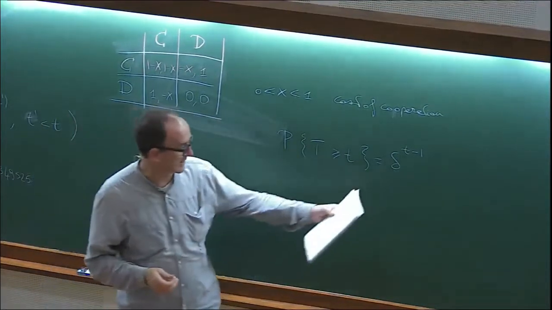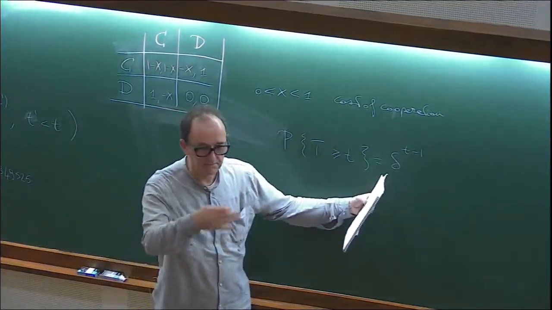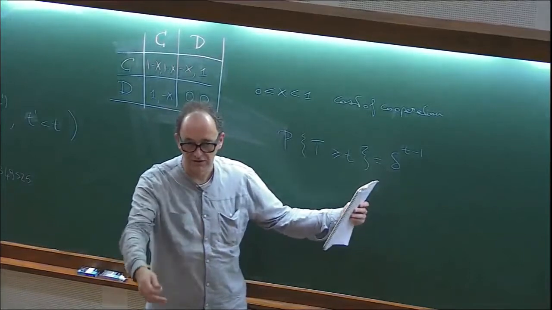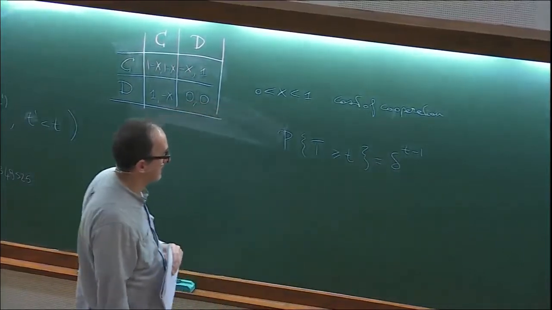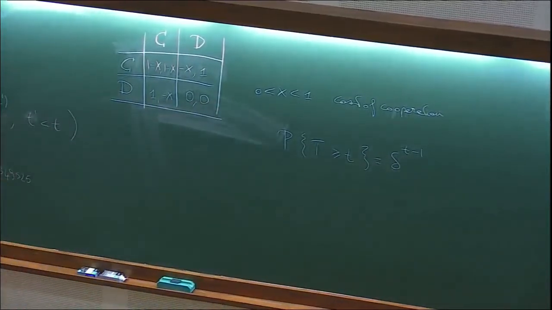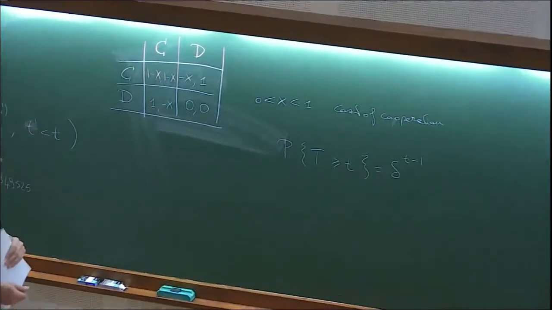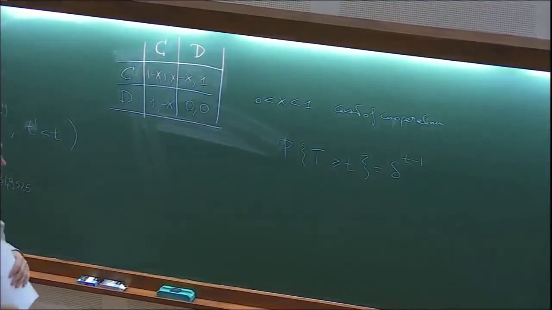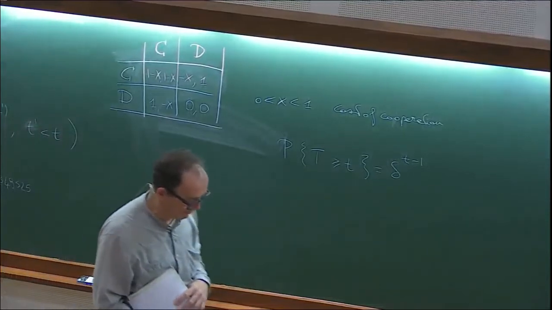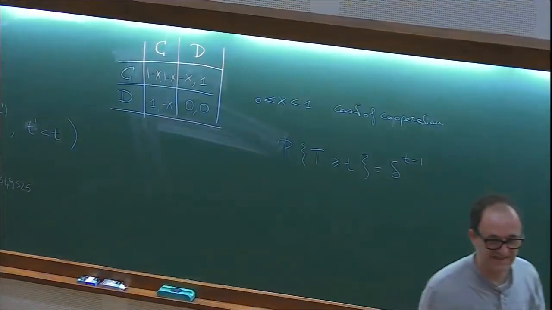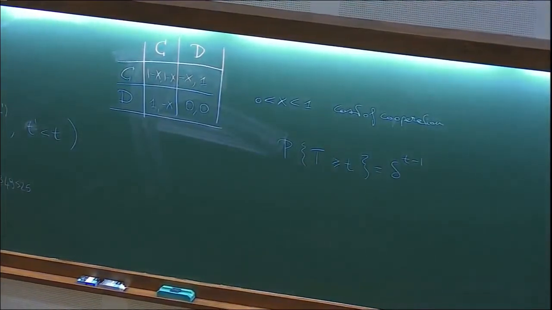Where delta is the probability that every time the game is continued, okay? Now, you cannot apply backward induction. And actually what you see is quite the opposite result. Essentially there are many Nash equilibria.